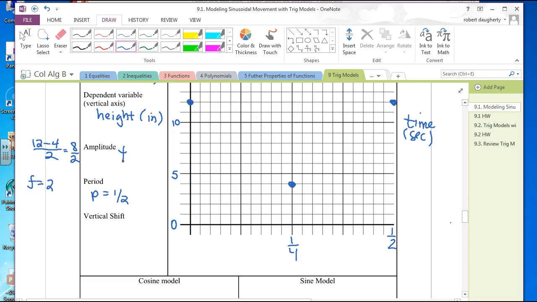Well, because the bike pedal's maximum height is 12 and the minimum height is 4, that means the top of my graph is 12 and the bottom of my graph is 4. That distance is 8. And amplitude is an equal distance up and an equal distance down. So 8 divided by 2 is 4. So the amplitude is 4. If I count up 4, 1, 2, 3, 4, I'm going to draw a line there.